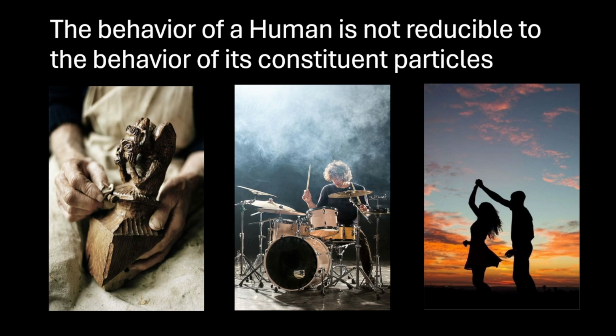Are particles themselves subject to any of these principles? No, but something about the holistic system of a human being is subject to these principles. And so in order to account for human behavior, you need to be aware of the new properties which humans possess, things like creativity, ambition, sexual attraction.